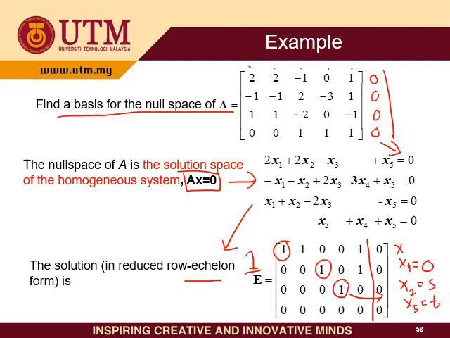For x3 is equal to, this one 1 is our x5, right? x5 is t, so t moves over, giving negative t. And for x1, this is our t and this is our s, right? x2 is s. So we move both of them to the right, and then we get negative s, negative t as our x1. Then from this we can find our basis for the null space.